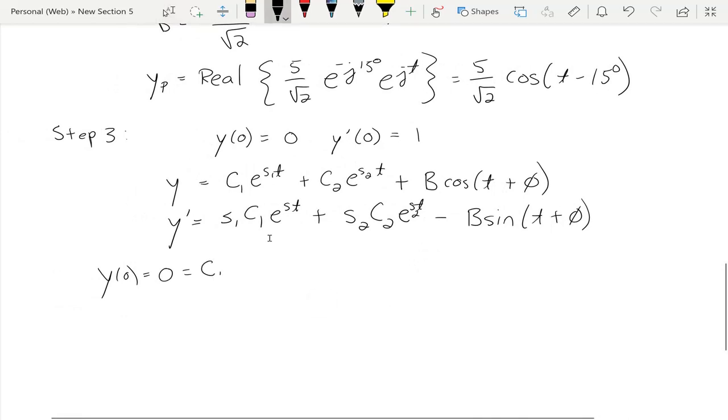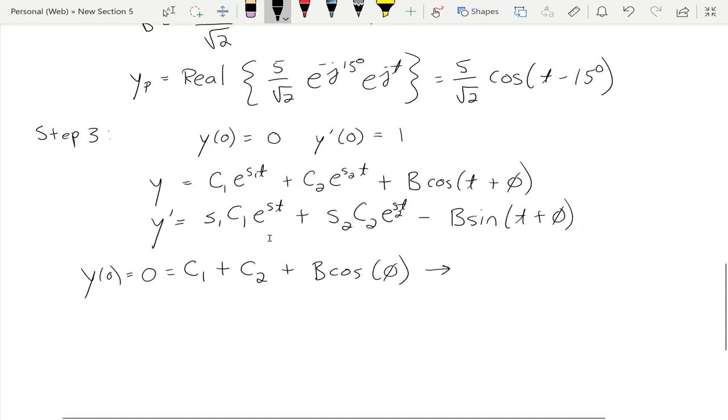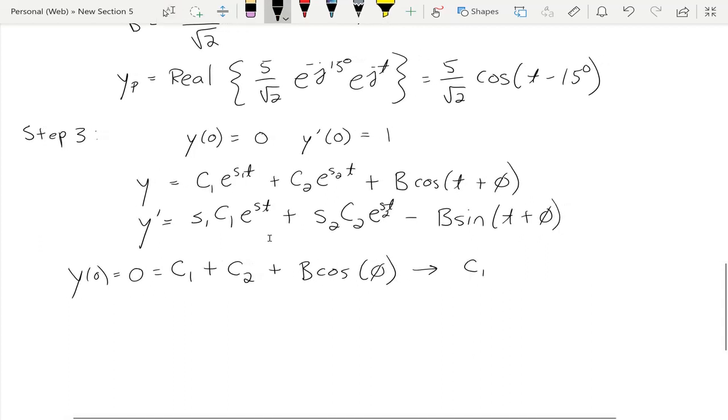So I get C1 plus C2 plus b cosine phi. That means I've got an equation that I'll write as C1 plus C2 equals minus b cosine phi.